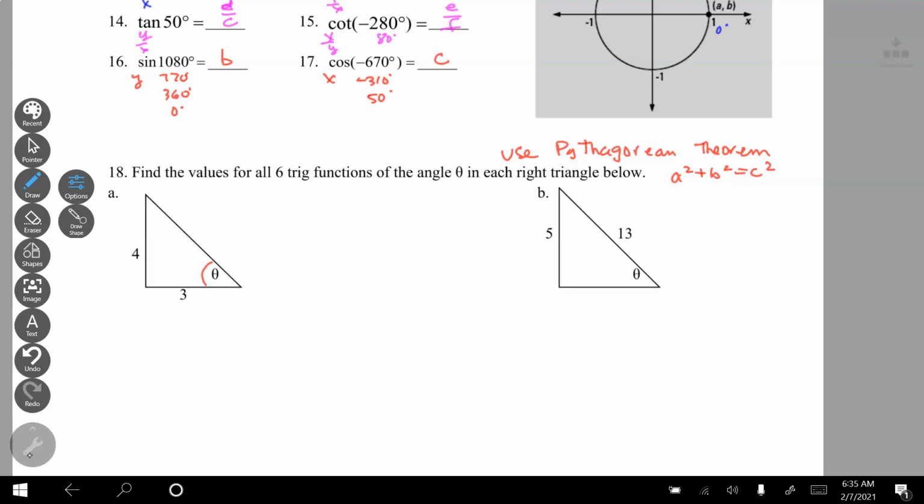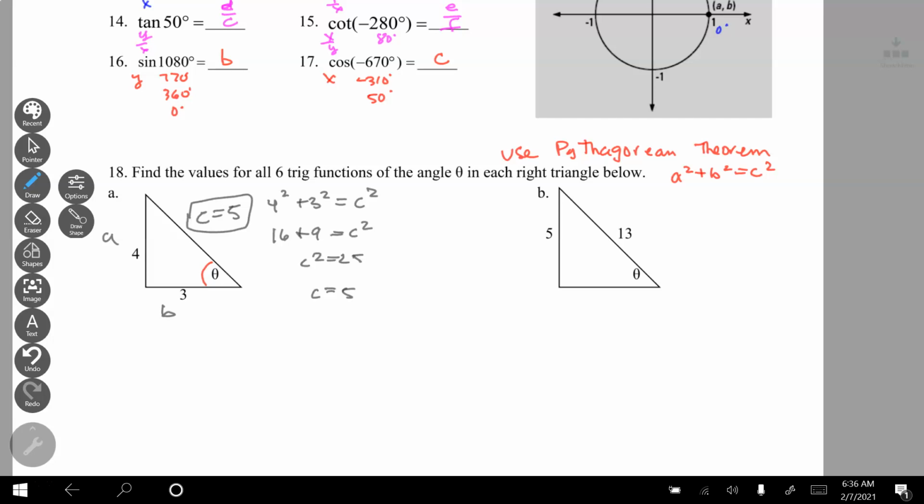So for this one, I notice I have side A, side B, and I don't know c. So I do 4 squared plus 3 squared is equal to c squared. And I figure out that c squared is 25, or my missing side is 5. And I would hope you know that a 3, 4, 5 right triangle is the most famous right triangle.